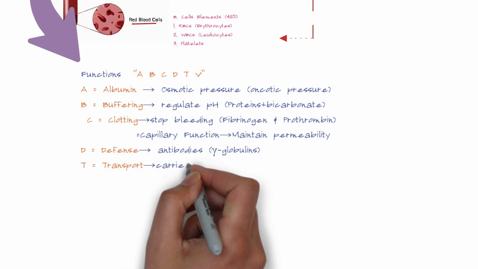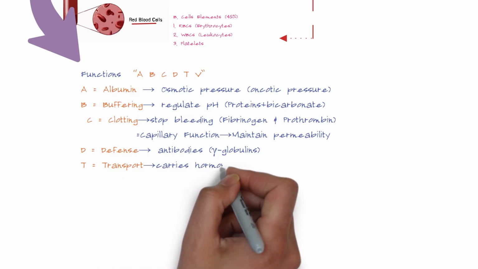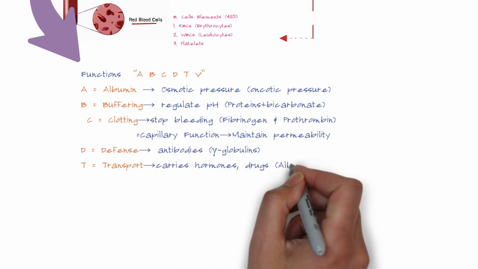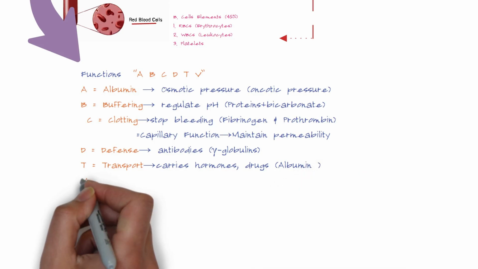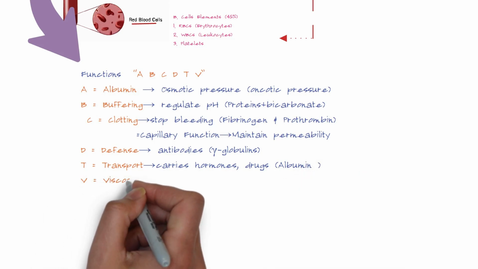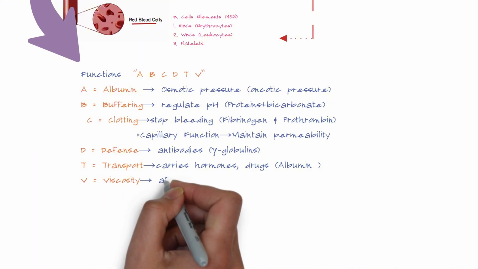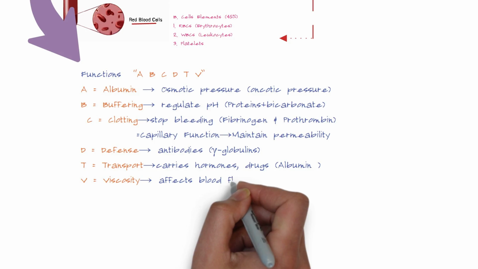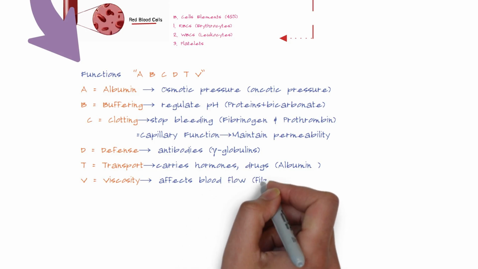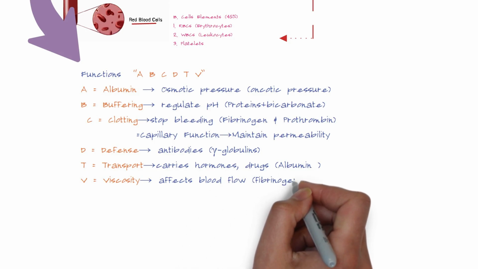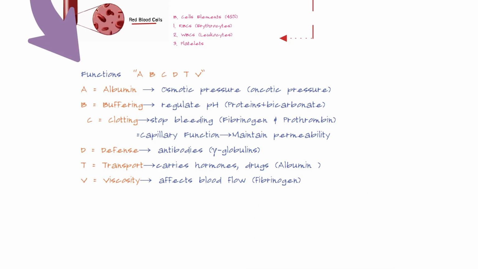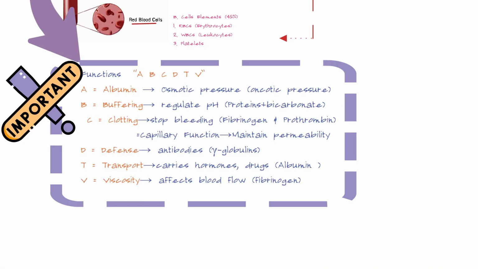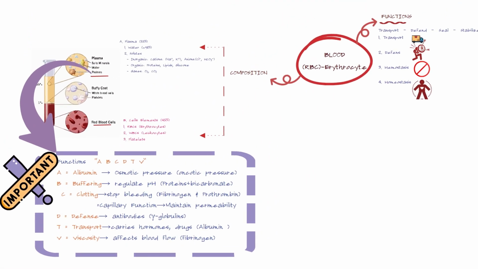Blood viscosity affects blood flow, making fibrinogen one of the important factors controlling the blood flow. So please remember that the functions of blood are transport, defense, hemostasis, and homeostasis, while the plasma protein functions are ABCDTV: albumin for osmosis, blood buffering, capillary and clotting function, defense, transport, and viscosity.